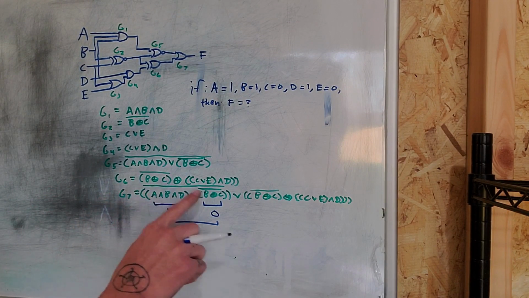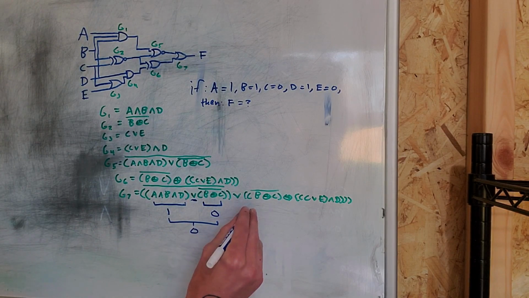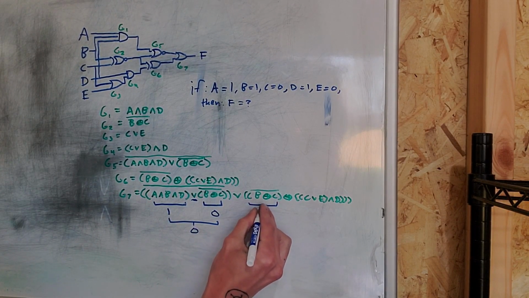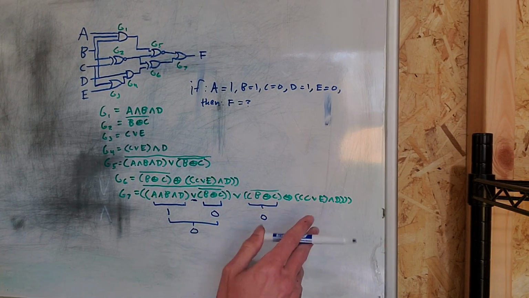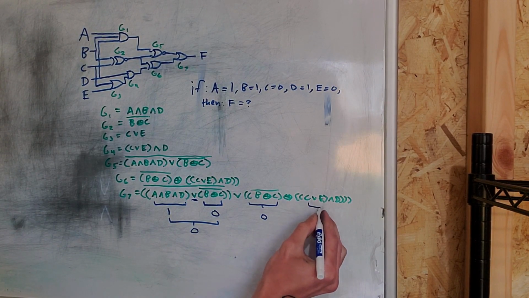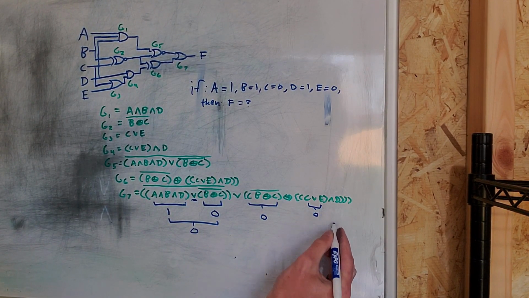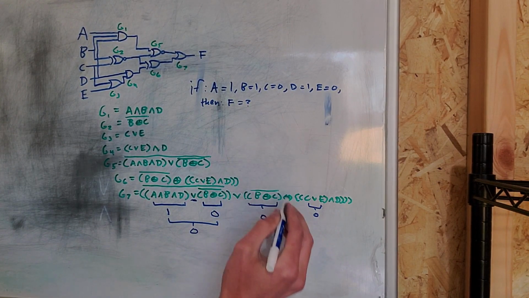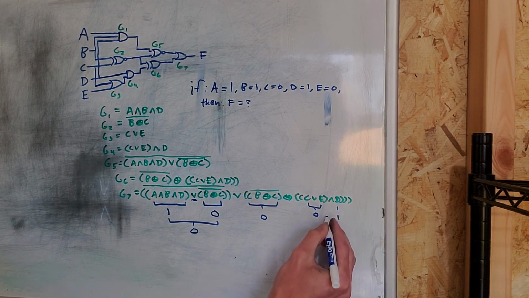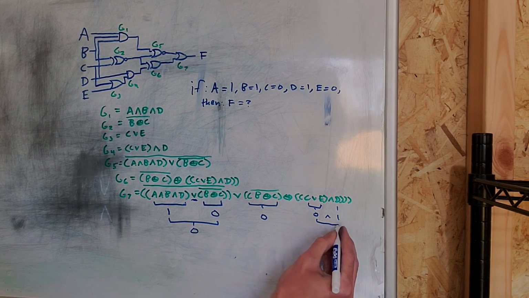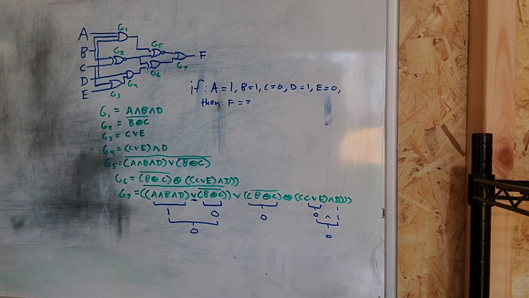So now we have to solve for G6. We already know that G2 is 0. And now we have C or E. C is 0, E is 0, so this will be 0. And D is 1. So 0 and 1 is 0.